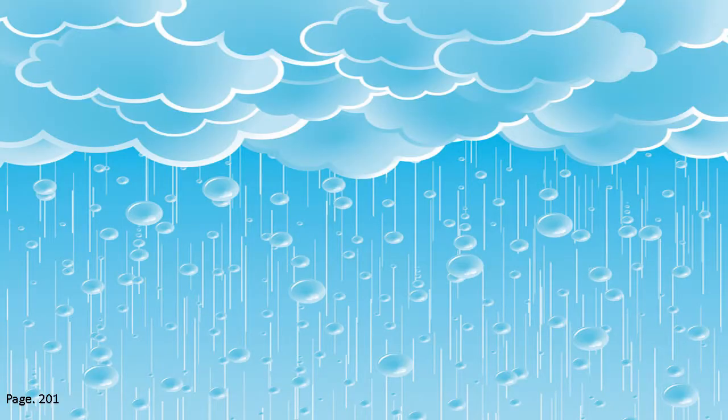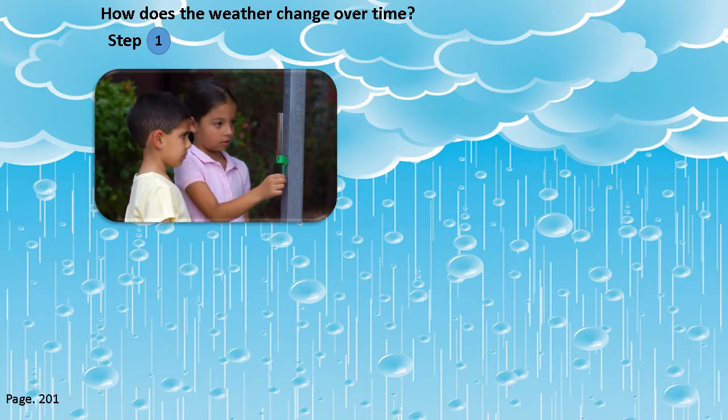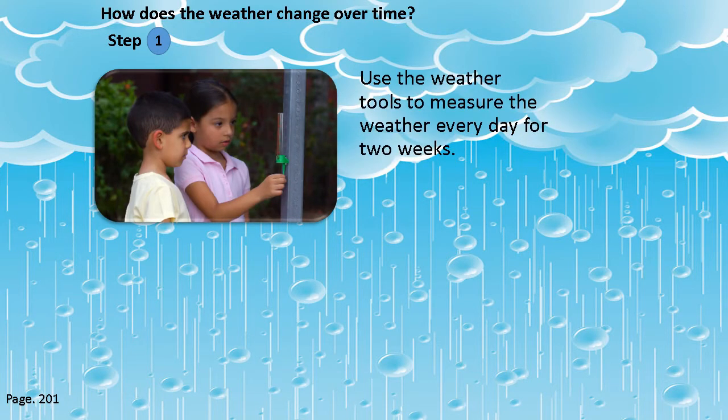Let's begin solving the exercises in our science book, and first we will start with page 201. And here we have a nice experiment which I would like you to try at home. For step 1, we can see that these two kids are using weather tools, and they are going to measure the weather every day for 2 weeks.